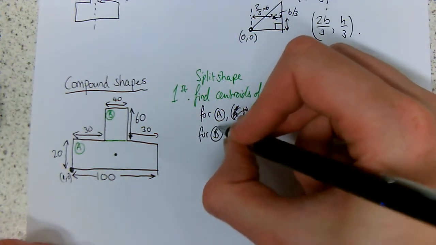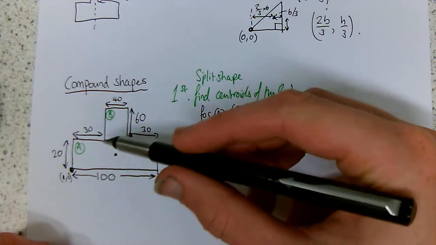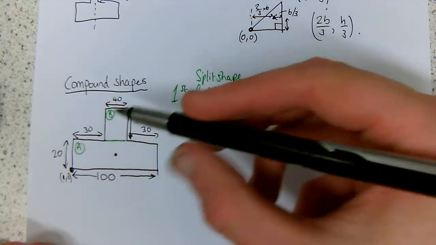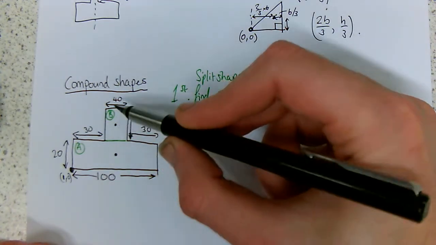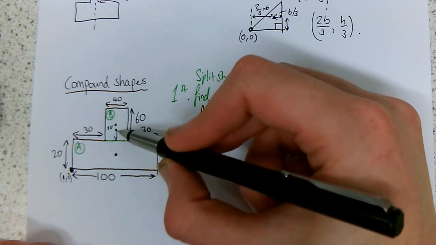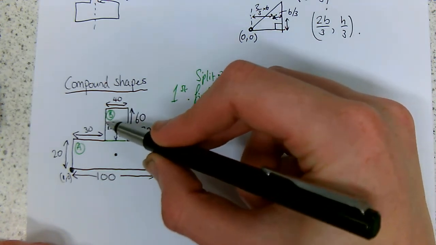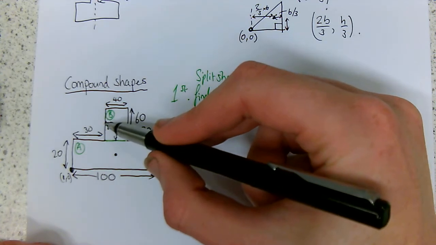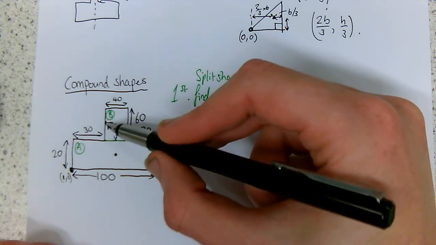For our shape B, we need to first remember that its centre will be here, which is 20 along and 30 up. However, it is already offset by 30.